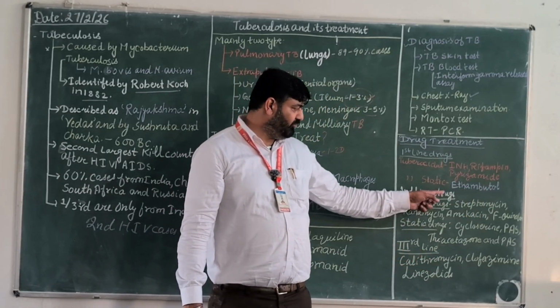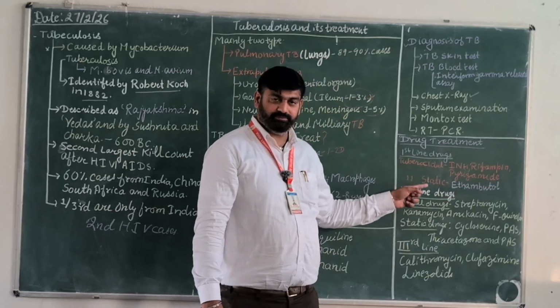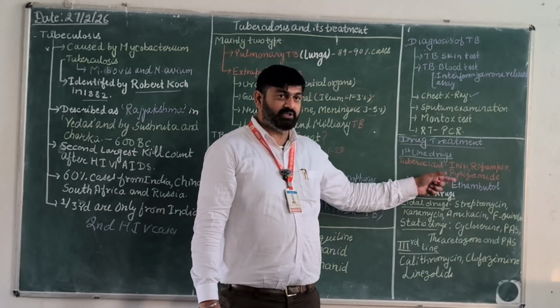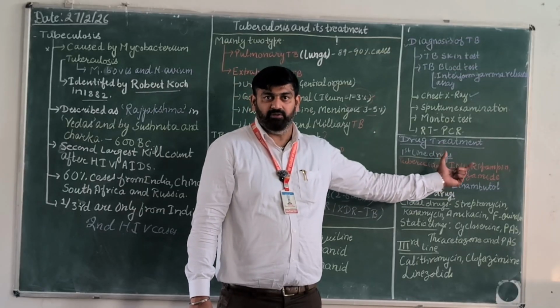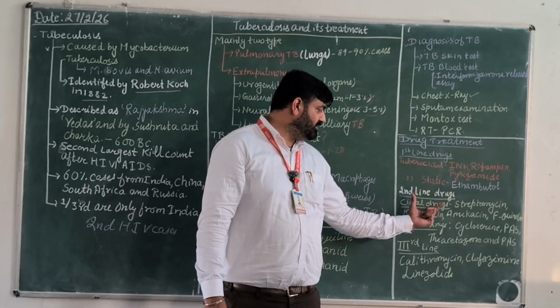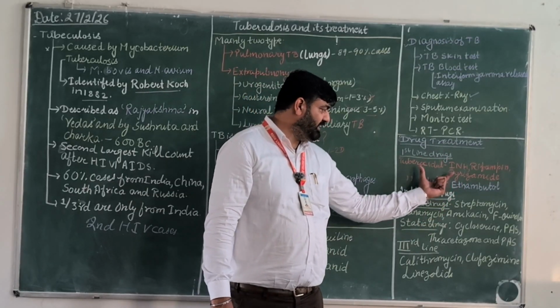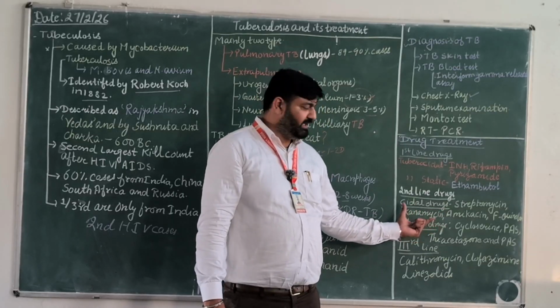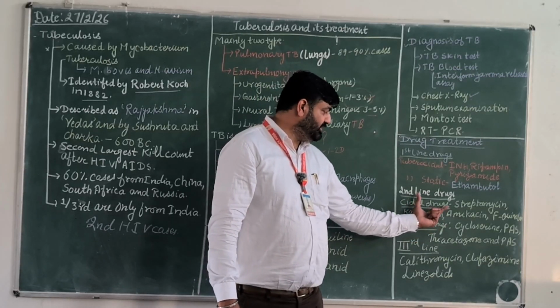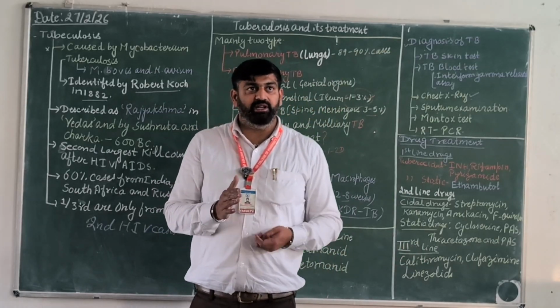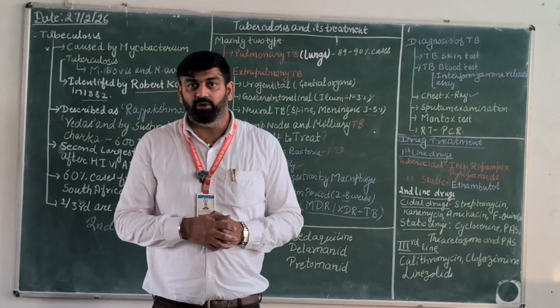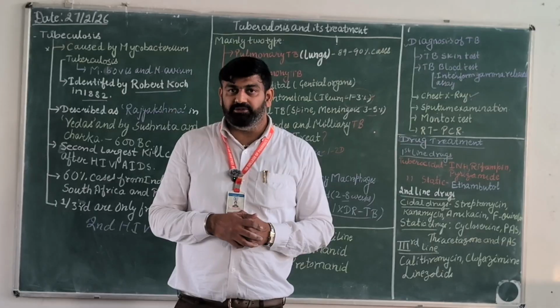Then if the patient doesn't respond to one or many of these drugs, we can switch or combine the first line drugs with the second line drugs. In second line drugs, we have tuberculocidal drugs, streptomycin. Initially, it was considered the best antibiotic for tuberculosis treatment.